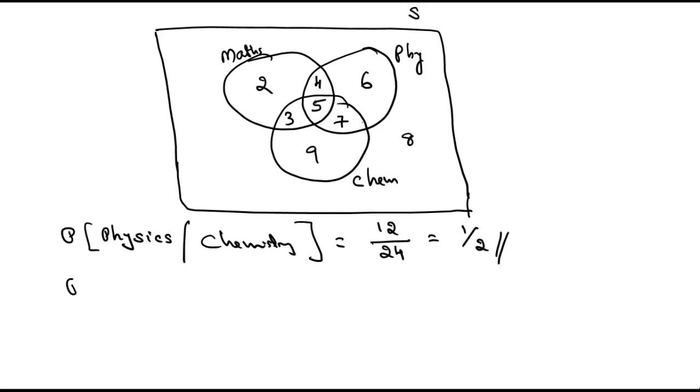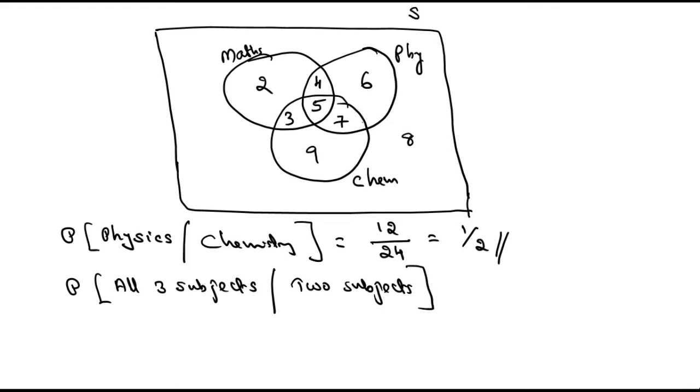Now suppose I am asking for the probability of all three subjects, given that two subjects. The number of students who opted two subjects is given, then what is the probability that the students have taken all three subjects?